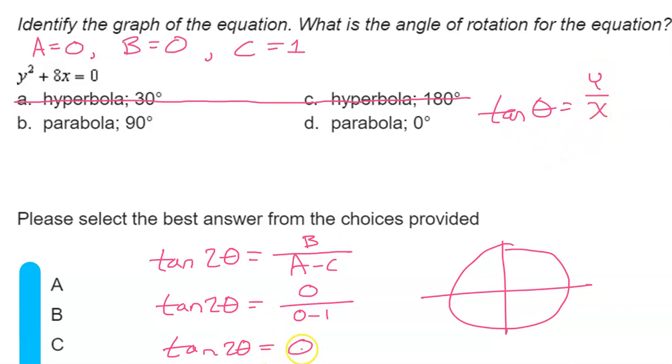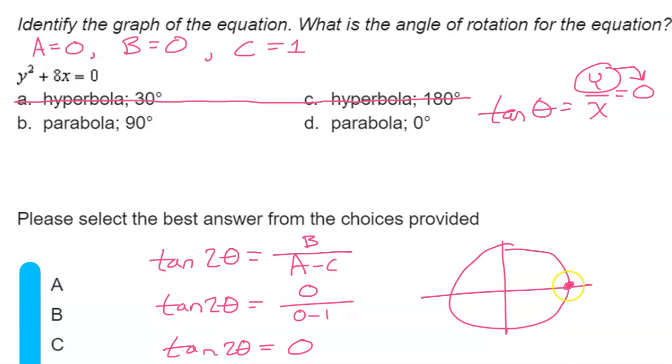So if I'm going to get 0, the only way y over x is going to equal 0 is if y itself is equal to 0. So we are really looking for where the y value is equal to 0. And we can really just stick to the first quadrant. Looking at the first quadrant here, where is the y value equal to 0?